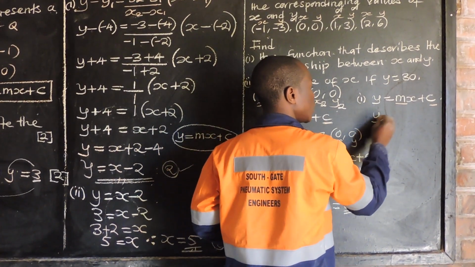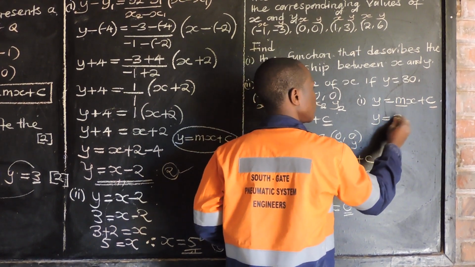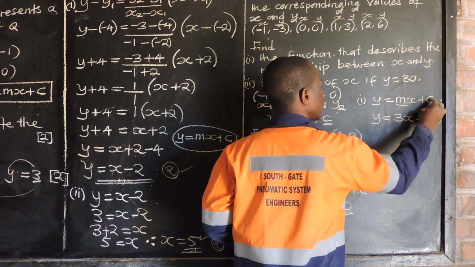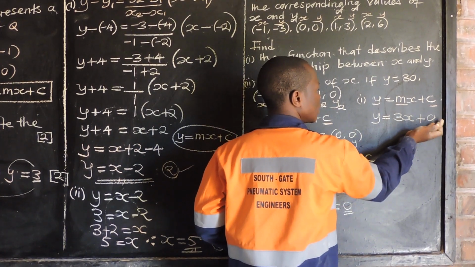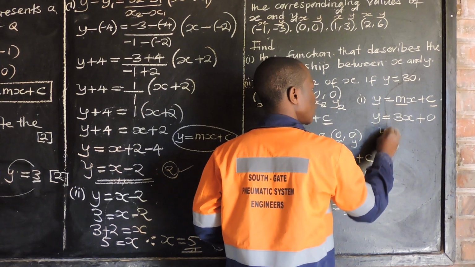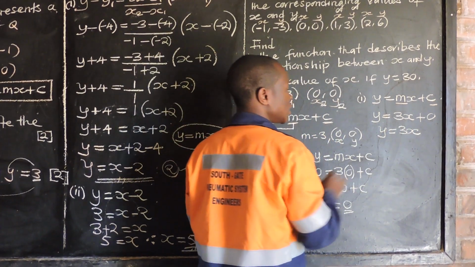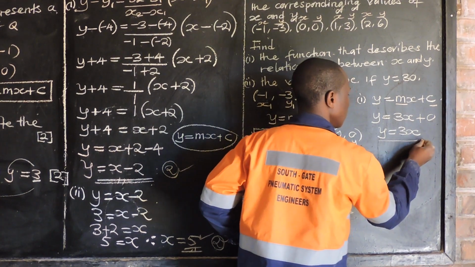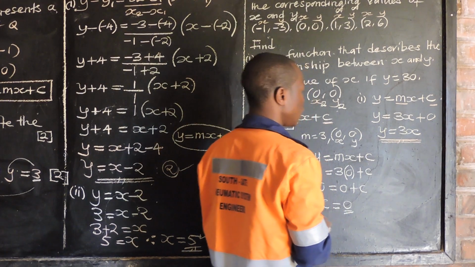So y is equal to 3x plus 0, and there is nothing there, so y is equal to 3x. This is our function, our formula. So this is our answer for the first question.